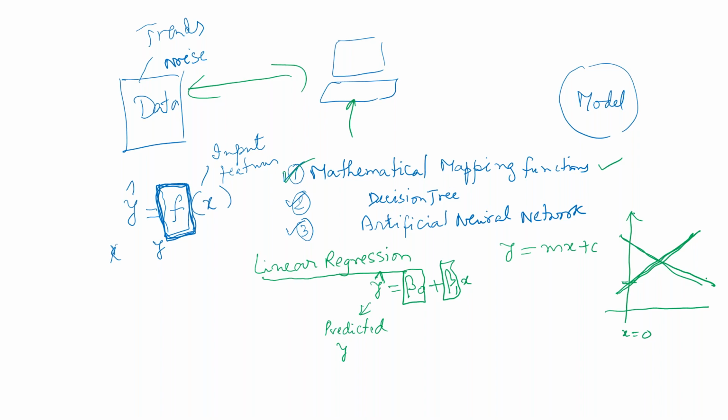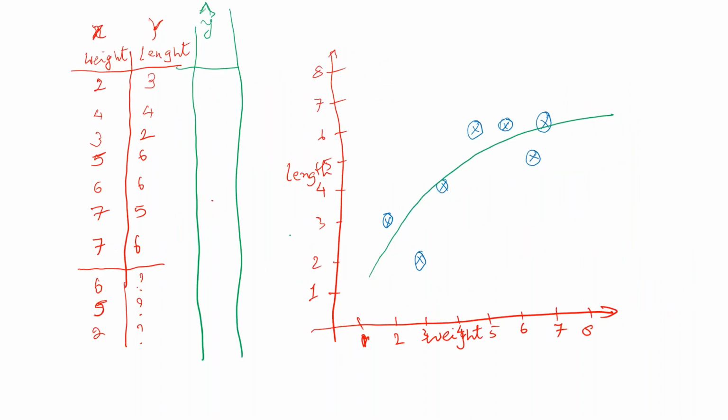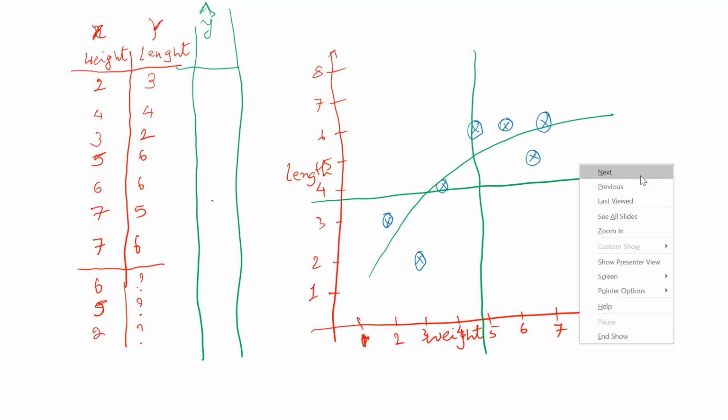So what this algorithm will do is read the input features and also the actual values, and based on whatever it reads, it does a little bit of calculation. Basically there will be a point in this data that we call the mean point: mean of x and mean of y, average of x and average of y.